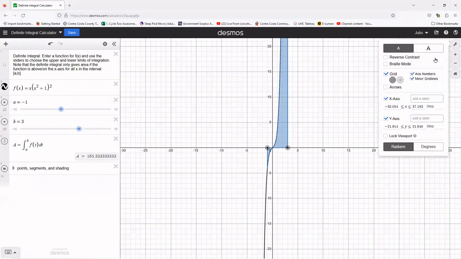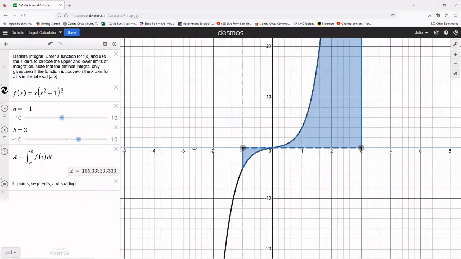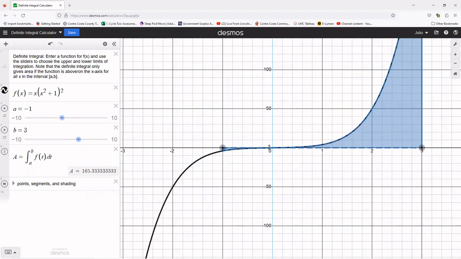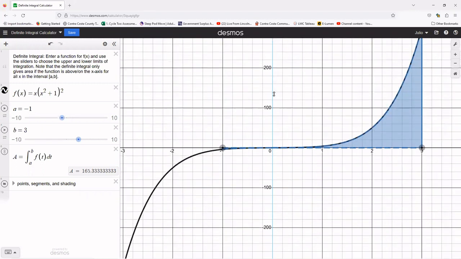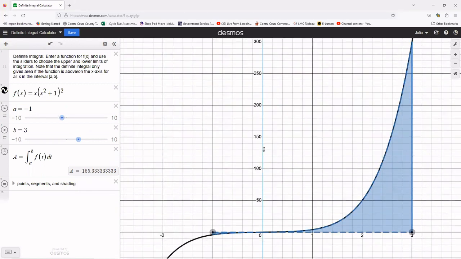Let me make everything a little bit bigger there. This is the definite integral calculator that you can use while doing your homeworks. I'm going to spread this out a little bit, make this a little wider here, and then scrunch this up here.